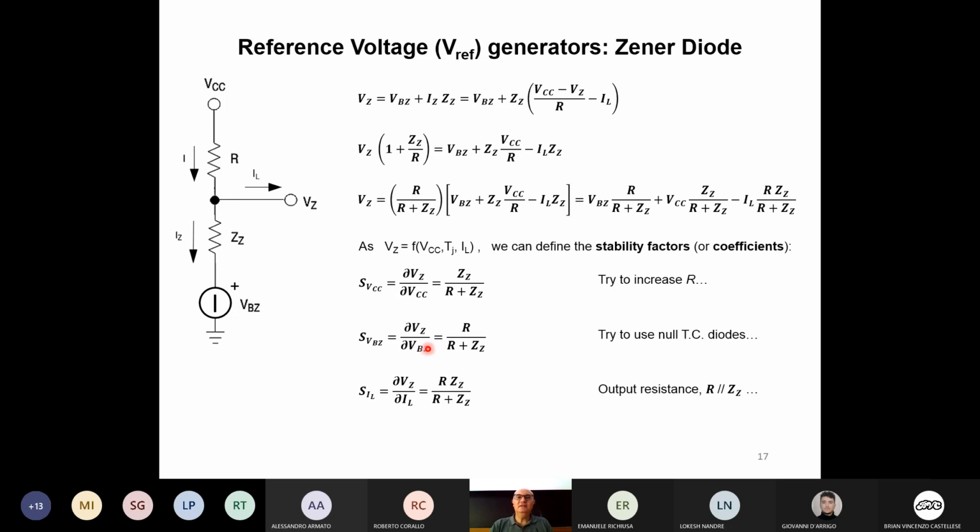And 1 means that the ratio between the output and the input voltage variation due to the thermal variation is 1. So all the variation in the breakdown voltage will go straight to the output voltage. The only way to improve the situation is to use a diode which has 0 voltage variation with temperature. That is a 5-volt Zener diode. Okay. There is not much that we can do.